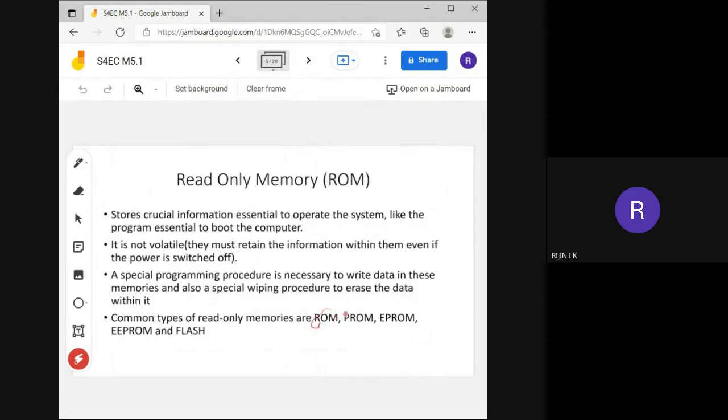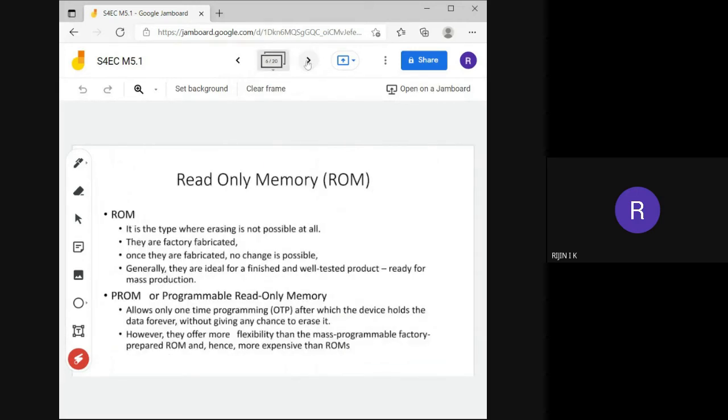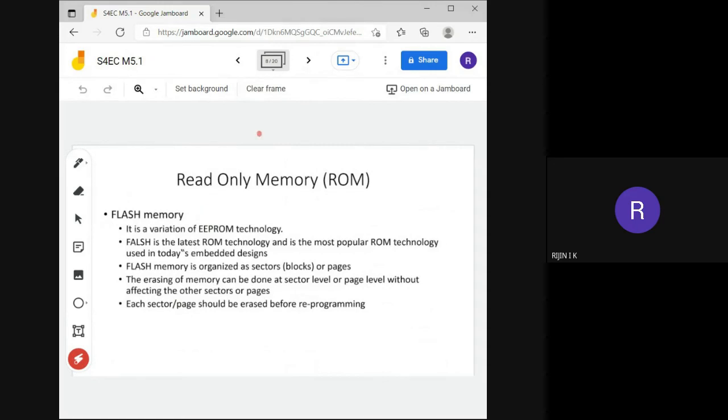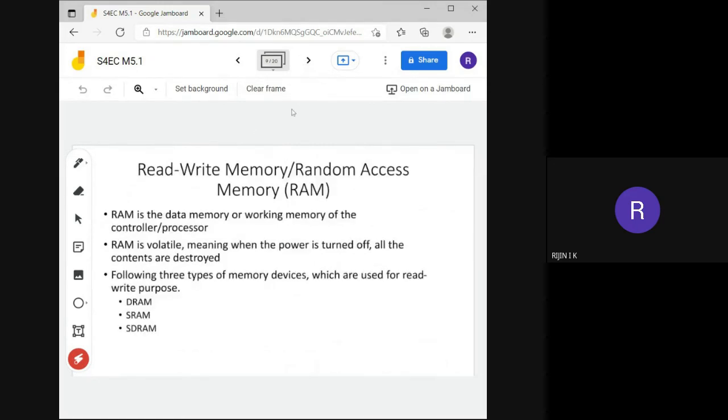Simple ROM, PROM, EPROM, EEPROM, and flash memory. Then read-write memory, our random access memory. Three types are there: DRAM, dynamic RAM, static RAM, and SDRAM.